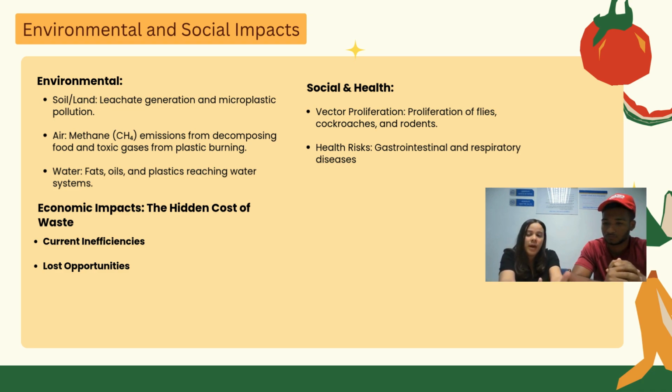In the first one, soil and land are affected by microplastic pollution, and in the air we have methane emissions from decomposing food and toxic gases from plastic burning, and in the water we have fats, oils, and plastic reaching water systems.